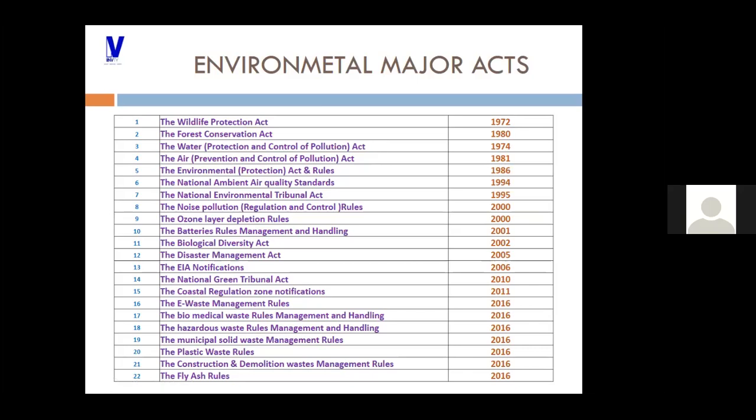Starting with the CTE, after I get the factory license and am going to install one ETP and STP, from the Consent to Establish up to getting the license, what practices need to be done? And once we get the license from the Pollution Control Board, what are all the document coordination and annual environmental analysis practices? Everything we'll see in a detailed, elaborative manner next week.